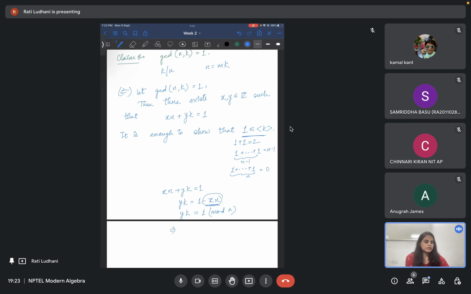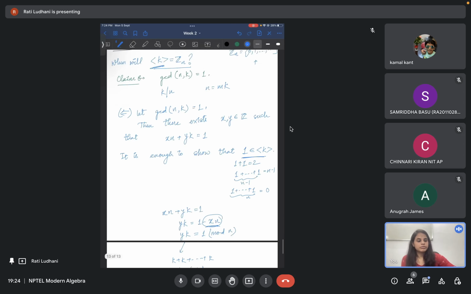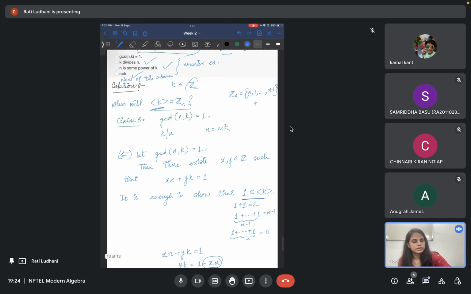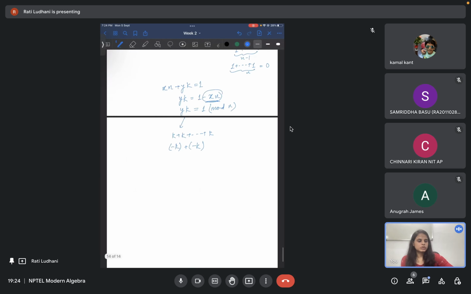So this implies, and you know where yk is. Yk is something like k plus k or something, or maybe it could be negative, so it could be minus k. Because it is generated by k, you will have minus k, and Zn is finite, and the inverse of k is minus k, so that is there.